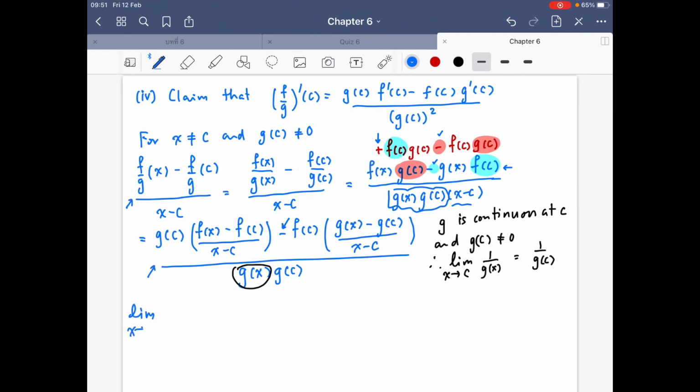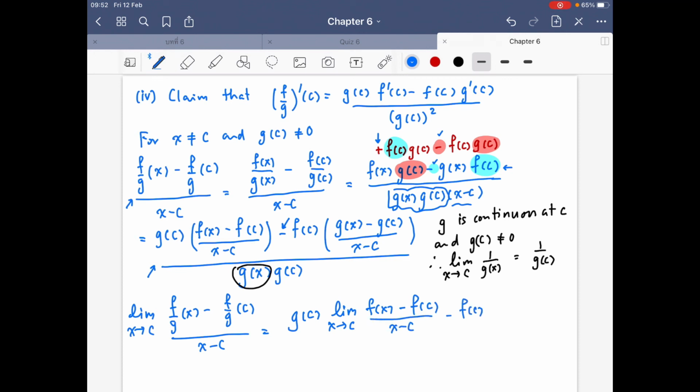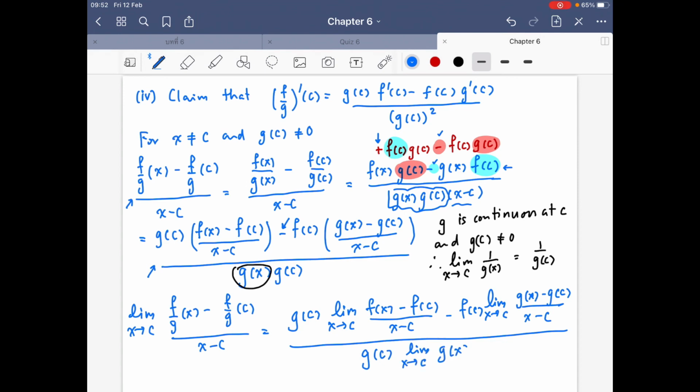So your limit as x goes to c of the left hand quotient will be equal to the following. The g(c) can be pulled out, and because this limit exists, the f(c) can be pulled out, and then this limit about the g, and then you have g(c) out and the limit of g(x).